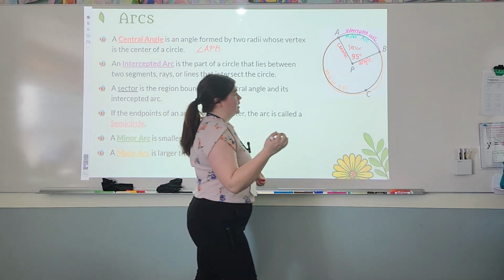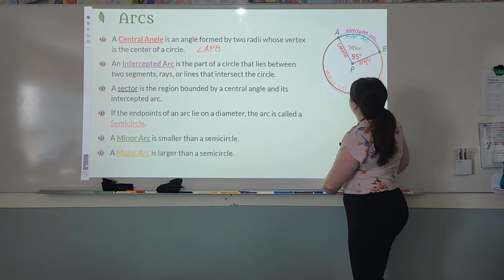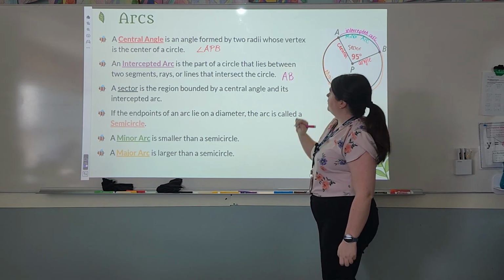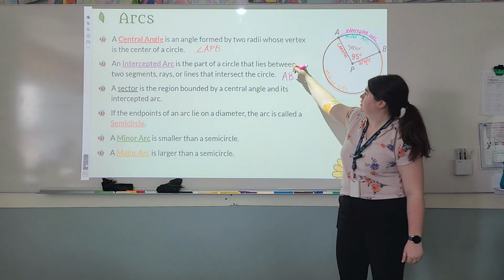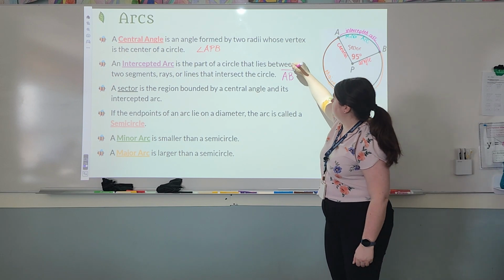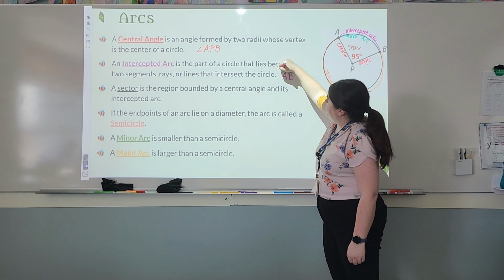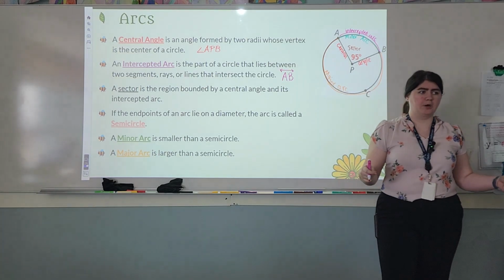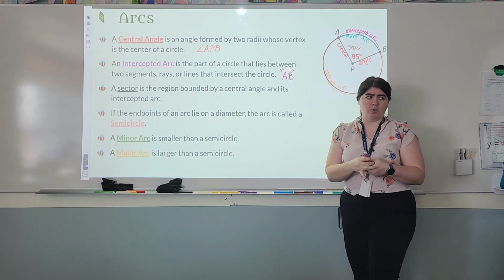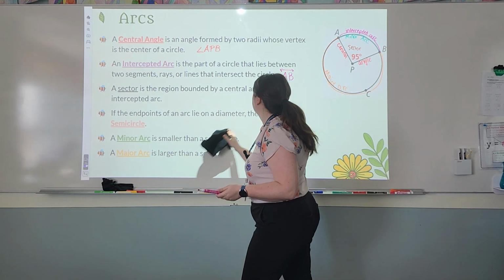Whereas if you remember, I'm just going to use the points that we have here. For AB, if it was a segment, you just have the solid line. If it's a ray, you have a line with one arrow. If it's a line, you have the bar with two arrows. Same type of idea, but we're working with arcs. So what do you think goes on top of the letters?